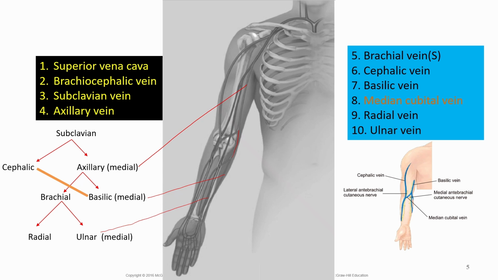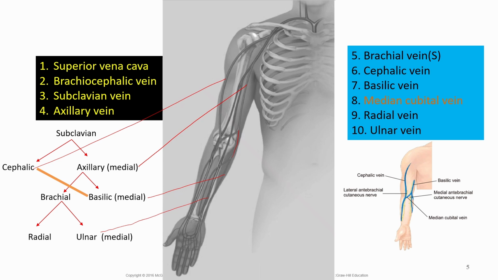Now, this is the axillary. Next here is my cephalic. So if this is the axillary, this is the cephalic vein. And then you also have the brachial vein.